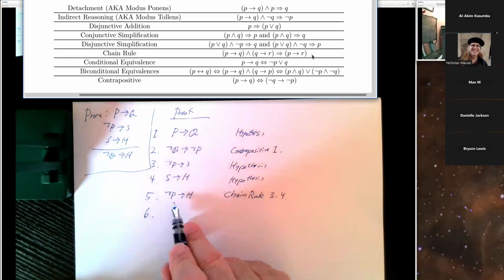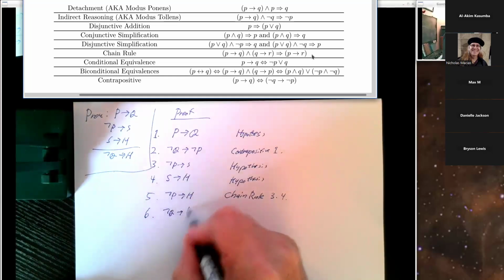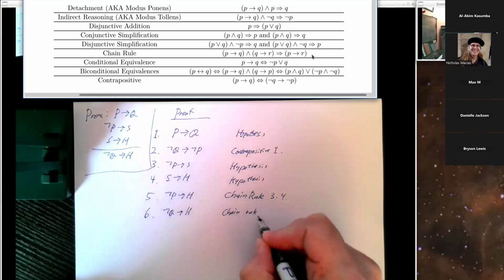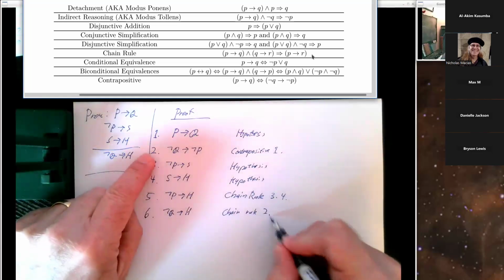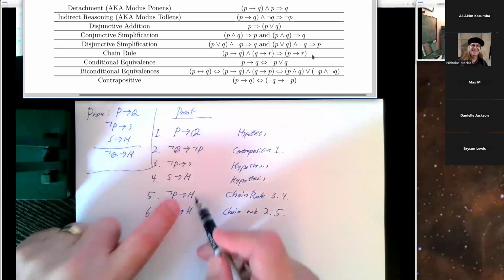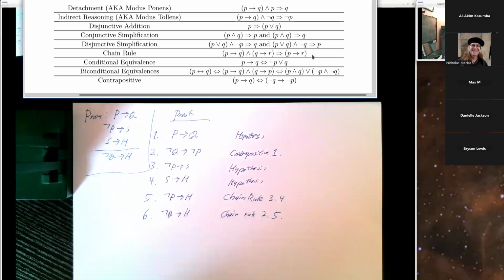We already did these 2. So let's now say not Q implies H, and that's the chain rule of 2 and 5. Not Q implies not P implies H. So not Q implies H. Awesome.